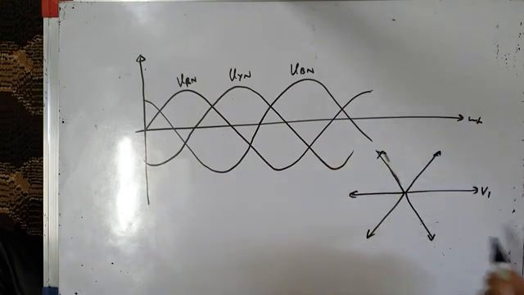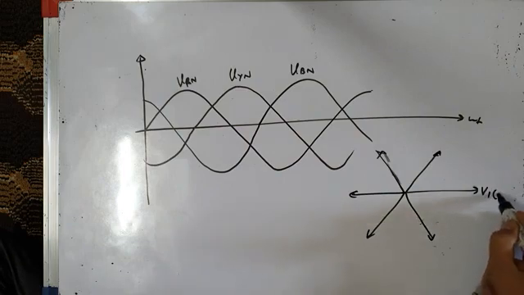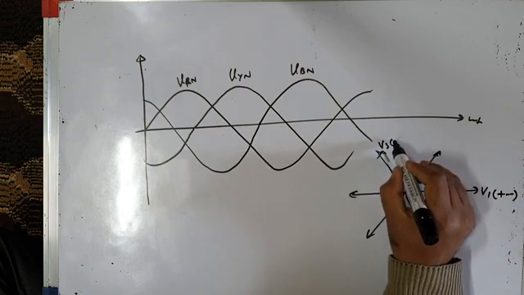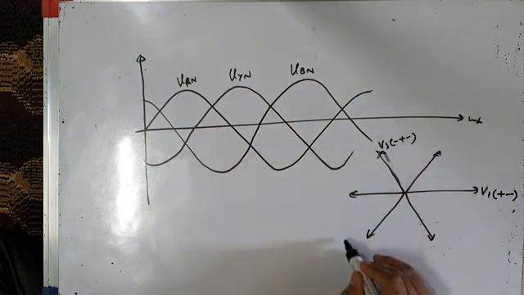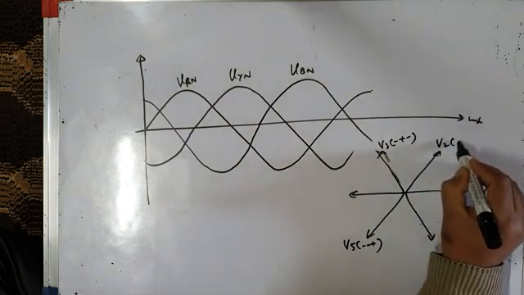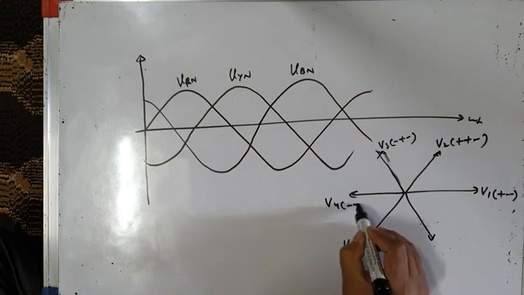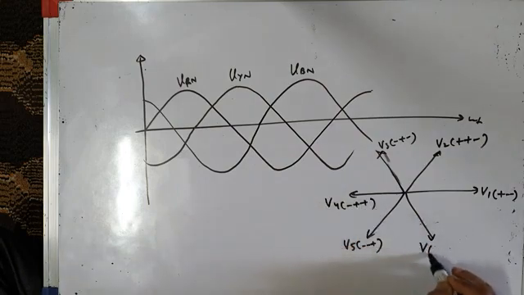if my space vectors are moving, say this is plus minus minus, V3 is minus plus minus, V5 is minus minus plus, so this is V2 plus plus minus, this is V4 minus plus plus, this is V6 plus minus plus.